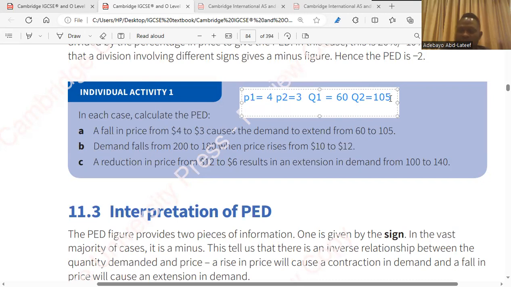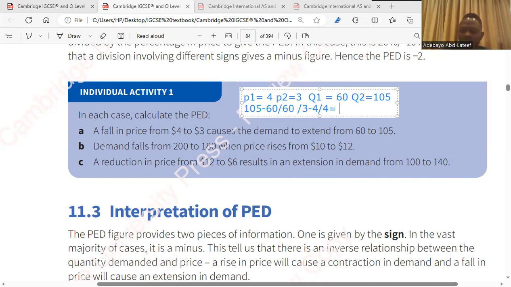Now, to calculate, we said Q2 minus Q1, 105 minus 60, divided by Q1, 60, divided by P2, 3, minus P1, 4, divided by 4. Yes or no? Yes. So Q2 minus Q1, that's 105 minus 60. What is 105 minus 60, please?